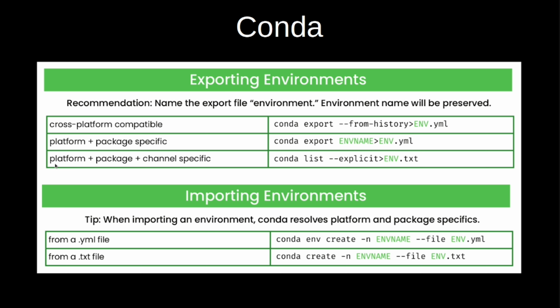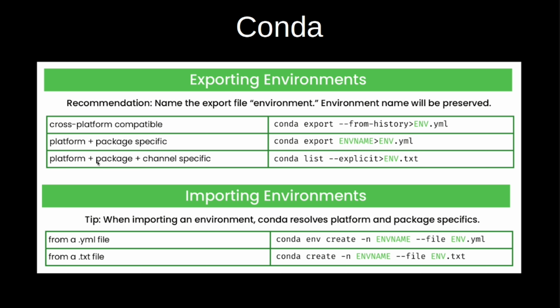And the third and last way to do it is even more restrictive, because it will restrict the packages and builds of the packages, and it will also restrict the channel. So when someone takes this environment.txt or YAML to import and recreate the environment, the person will have to have the same operating system you had when you created that export file.